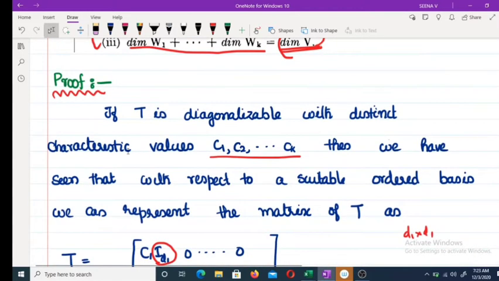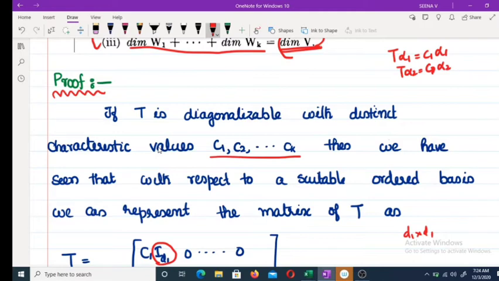Now to prove 1 implies 2, we have the matrix of T relative to a basis. Here we are given T is diagonalizable. T is diagonalizable means there exists a basis containing characteristic vectors of T. Suppose T alpha 1 is equal to C1 alpha 1 and T alpha 2 equals C2 alpha 2.